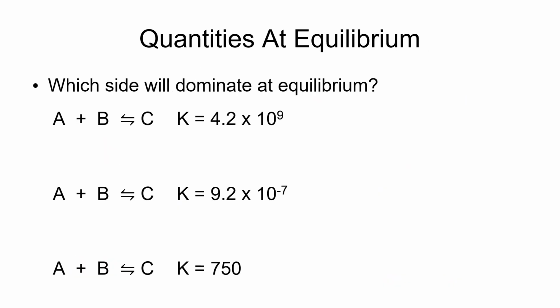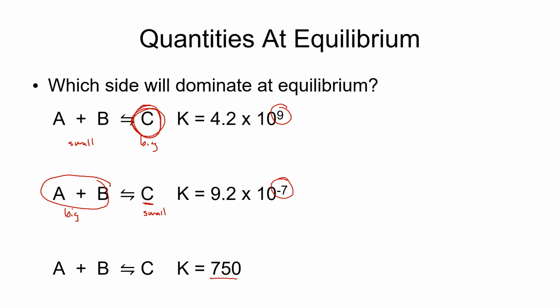So if we look at these constants, we can tell that at equilibrium there's going to be a lot of C, and A and B are going to get mostly used up, or if one of them is the limiting reagent, at least the limiting one will get pretty much used up. So this will be the big amount, and something over here will be small, at least one of them. And with a little guy like this, that means there's going to be lots over here. So this will be the big side, and this will be very small.